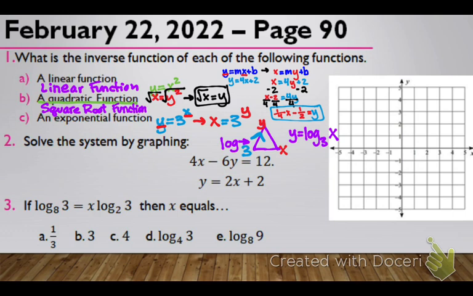What do I see in this answer over here that's different than all the rest? Oh, log, yeah. So the inverse of an exponential function is a logarithmic function.